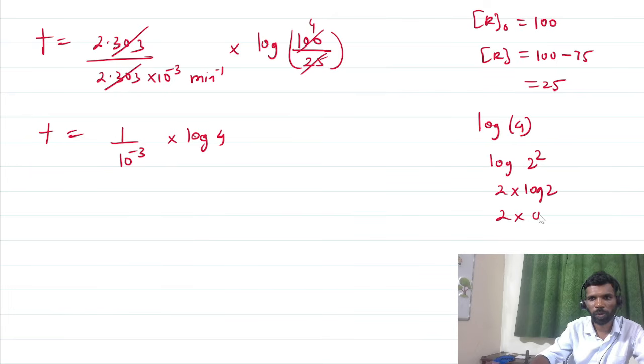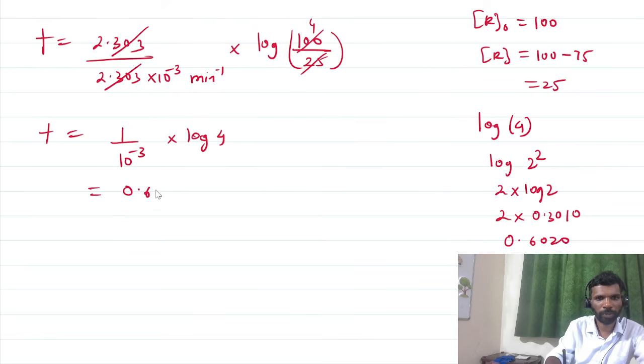So 2 into log 2 is what? 2 into 0.3010, which is equal to 0.6020. So 0.6020, and this 10 raised to minus 3 will become 10 raised to 3. So time will be 602 minutes.